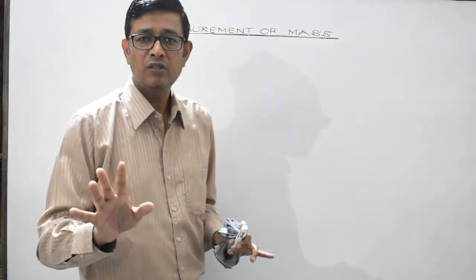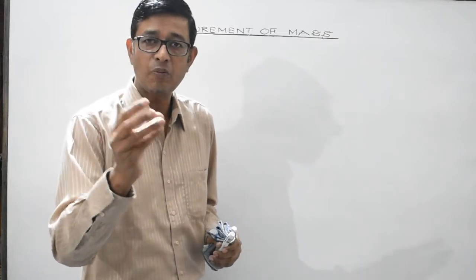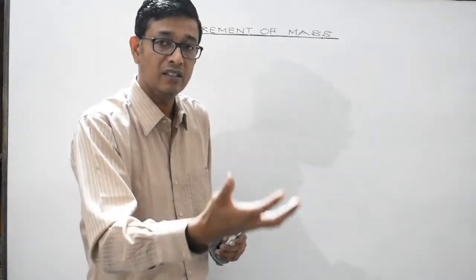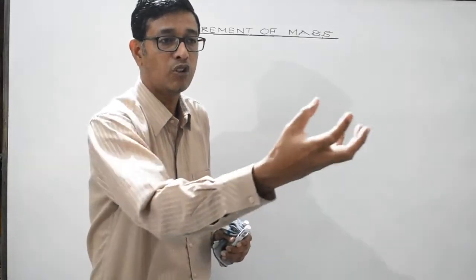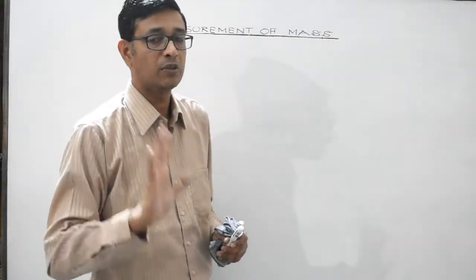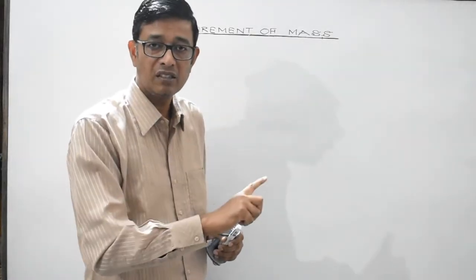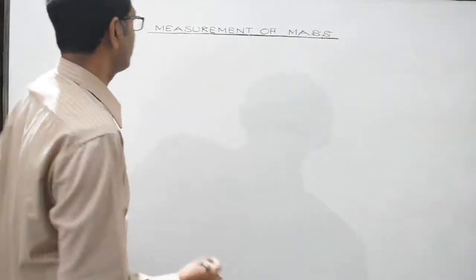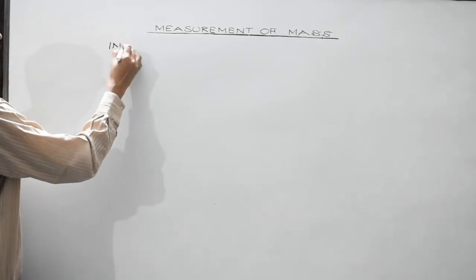There is no doubt that mass is the amount of matter contained in the body. But depending upon the manner in which that amount of matter is measured, the mass is divided into two types. One is the inertial mass, the other one is the gravitational mass. So we'll start with inertial mass.